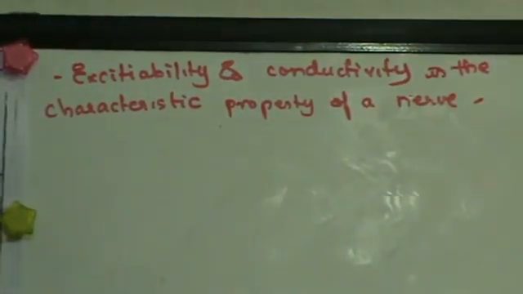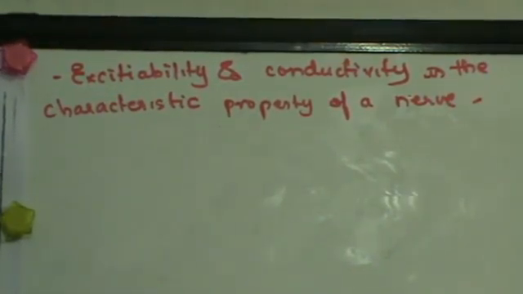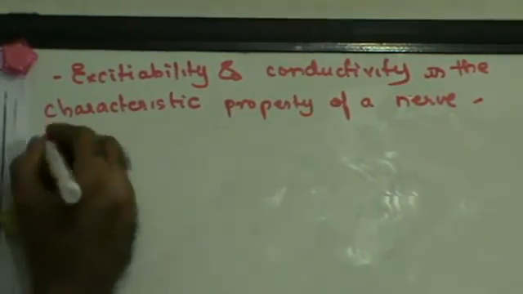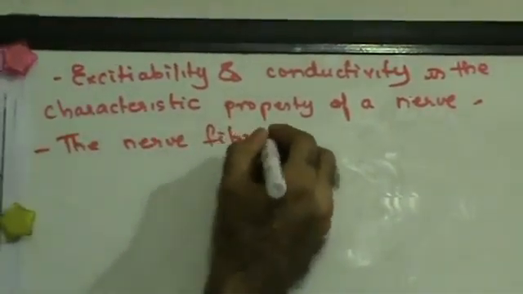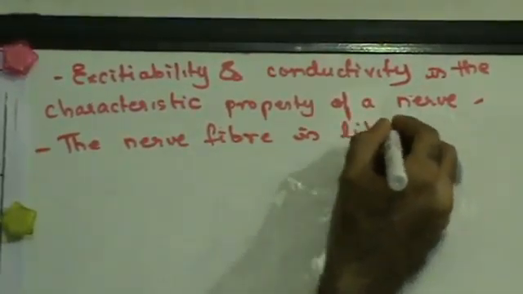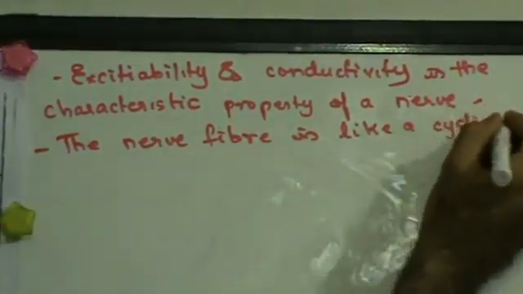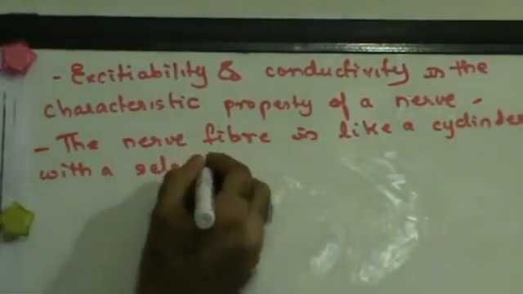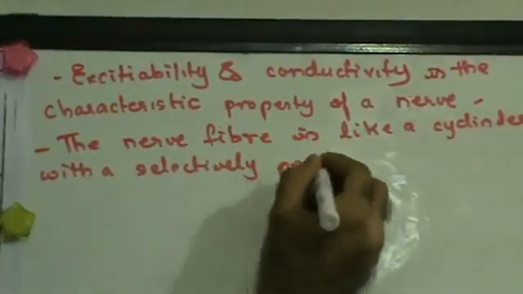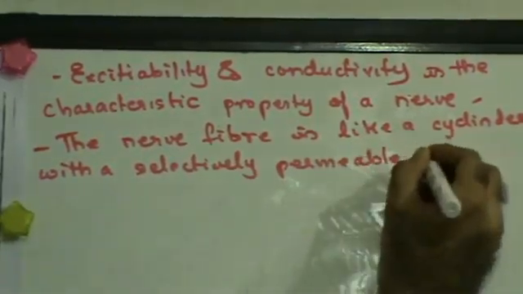All nerve fibers have a capability of conducting impulses and also a capability of getting excited. Now, the nerve fiber is like a cylinder with a selectively permeable membrane.